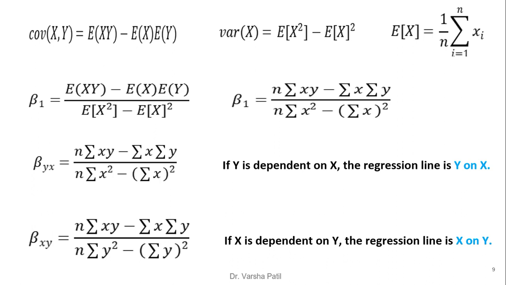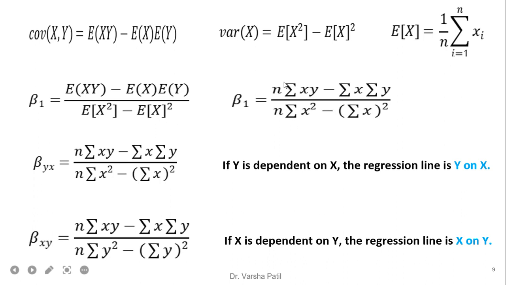Now here, the expected value of xy is nothing but the summation of xy, and the expected value of x is nothing but the average of x, and the expected value of y is equal to the average of y. So basically it is multiplied by 1 by n, and this is also multiplied by 1 by n.